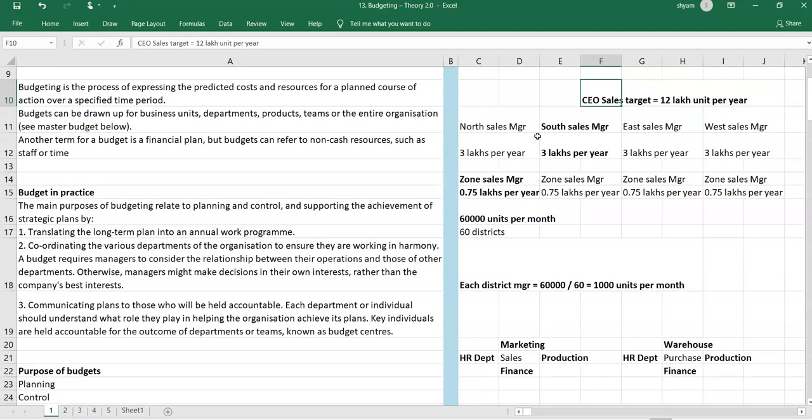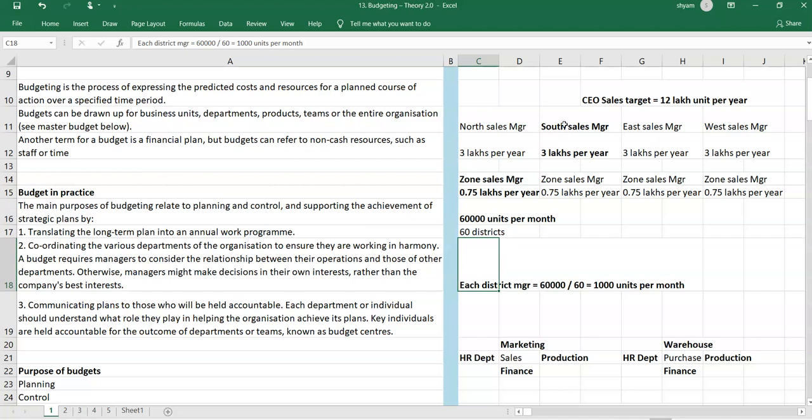We can also say that each of them has a target. If they exceed that target, they will be given a performance bonus, and if they are unable to achieve it, they might be given a warning. If they are again and again not achieving it, they will be kicked out of the job.